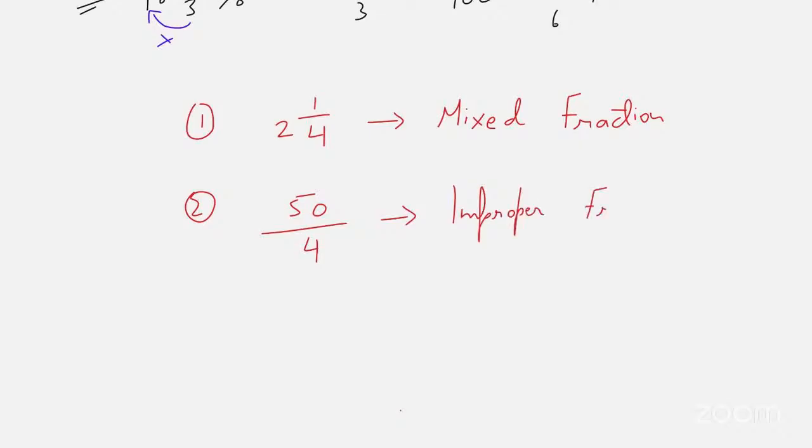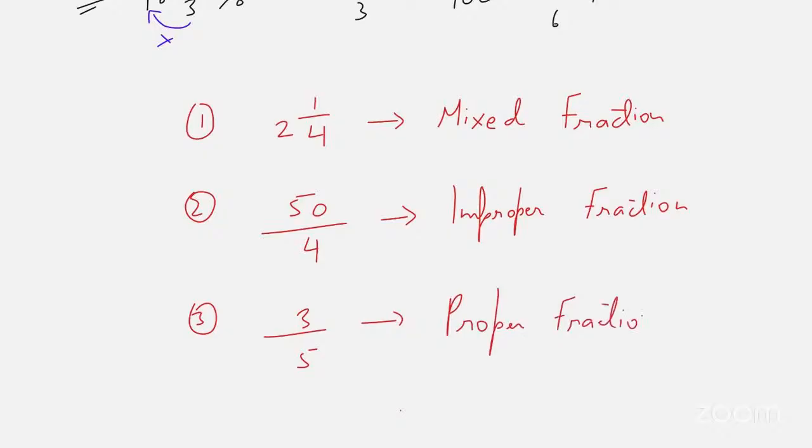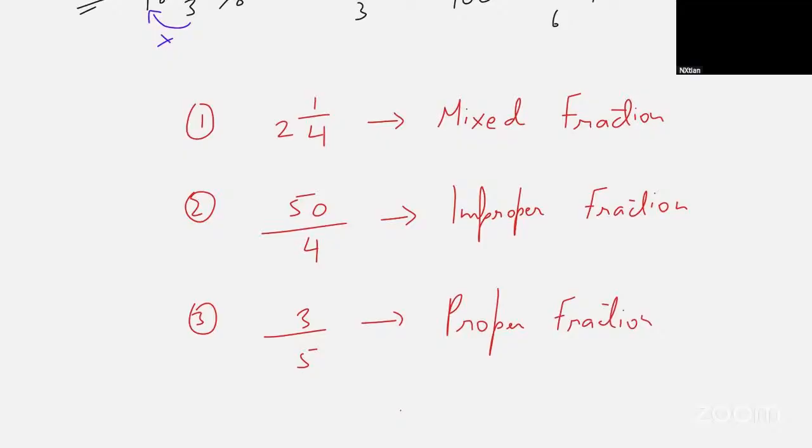When the numerator is smaller and the denominator is bigger, it is called a proper fraction. Three types of fractions: mixed, improper, and proper.